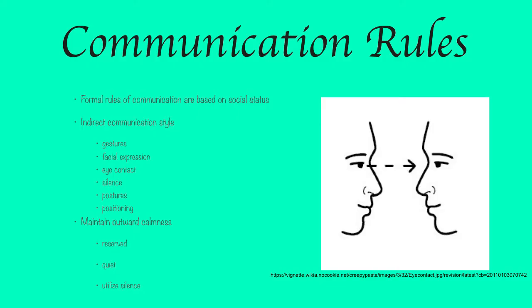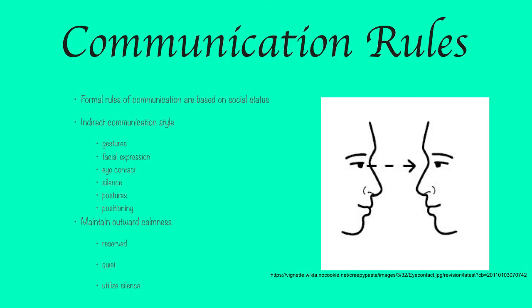So, in terms of communication rules, there are formal rules of communication that are based on social status. And so, questions that Americans might consider to be rude, like, "How old are you?", are a way to ascertain an individual's social standing so that those communication rules can be followed. The biggest thing to know about your Mandarin students is that they're going to be using an indirect communication style.